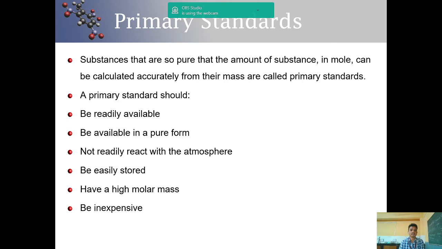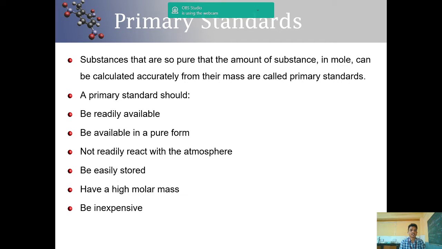Next, primary standard substances should be inexpensive. They should be easily available in pure form, not react with the atmosphere, easily stored, with high molar mass.